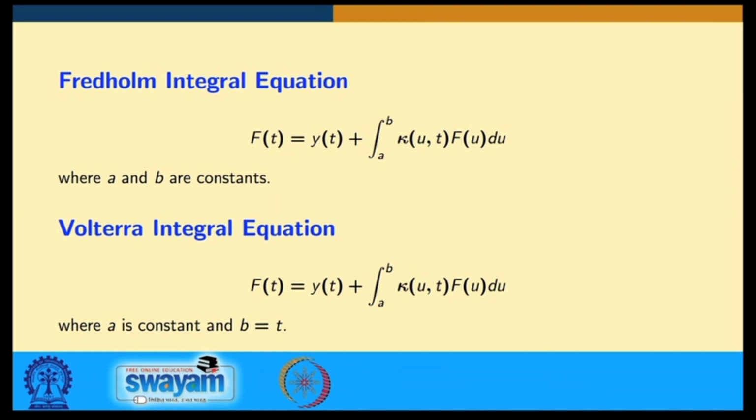The form is similar, f(t) equals y(t) plus integral from a to b of k(u, t) f(u) du, where the only difference from Fredholm is that here a is a constant and b equals t. So in the Fredholm integral equation a and b both are constants, while in the Volterra integral equation a is a constant whereas b equals t.